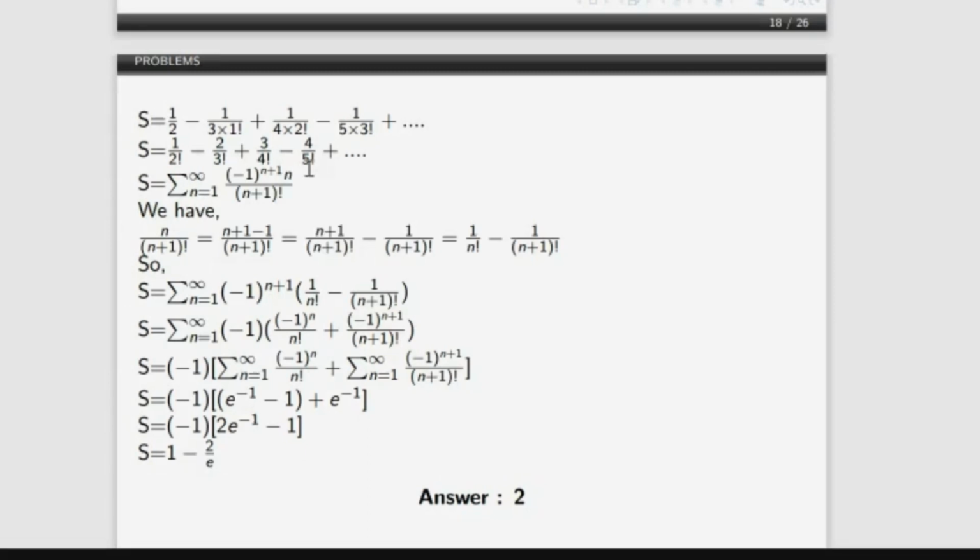Right. So I am going to keep this minus 1 power n plus 1 aside, and take this n by n plus 1 factorial. Writing the numerator as n plus 1 minus 1 and splitting it, I get n plus 1 by n plus 1 factorial minus 1 by n plus 1 factorial, which becomes 1 by n factorial minus 1 by n plus 1 factorial.